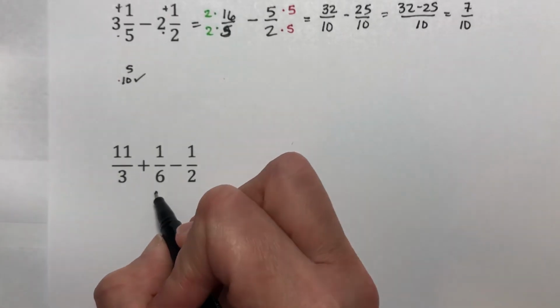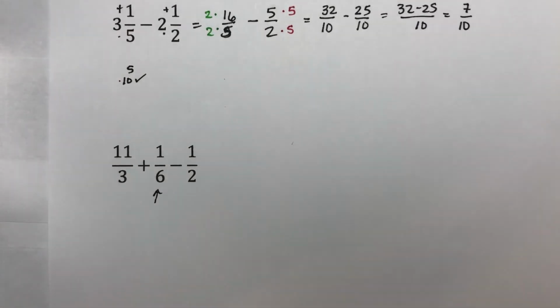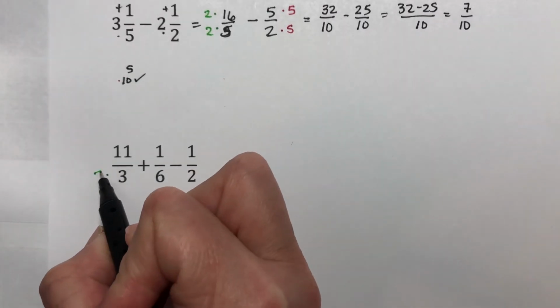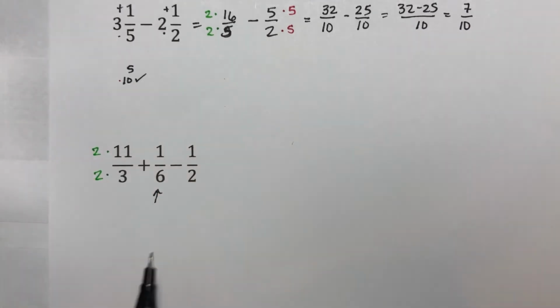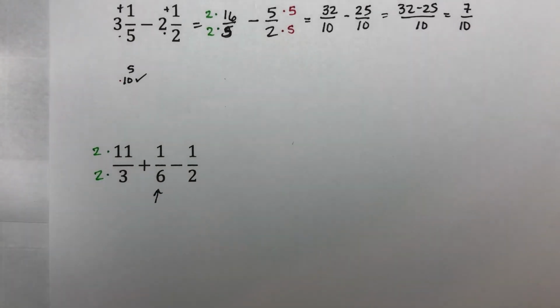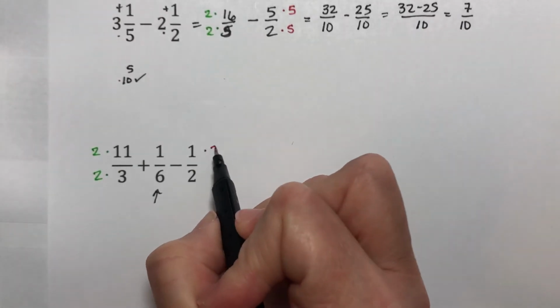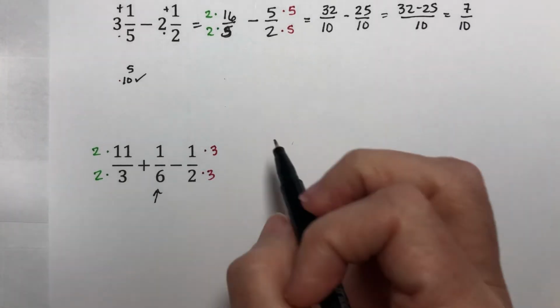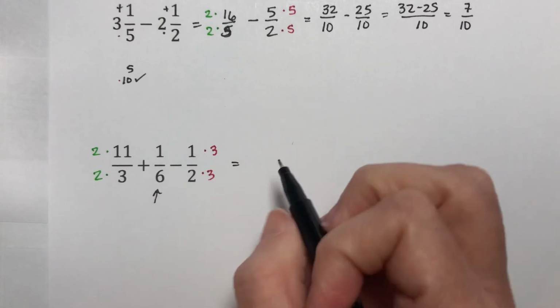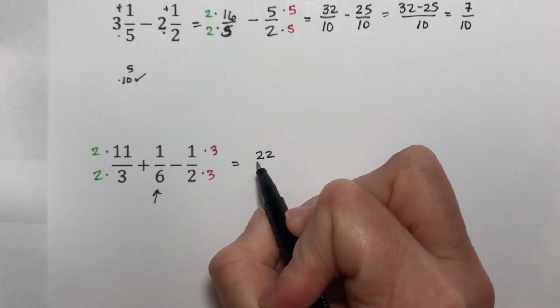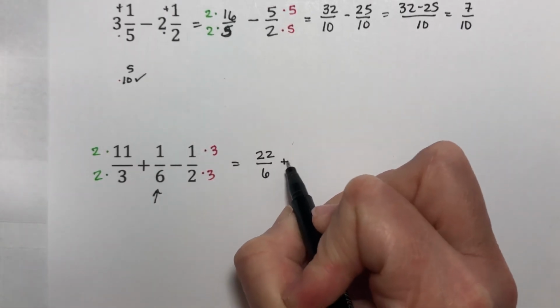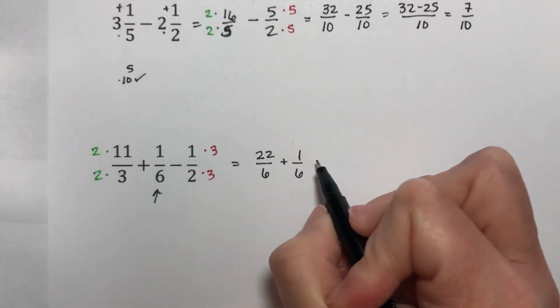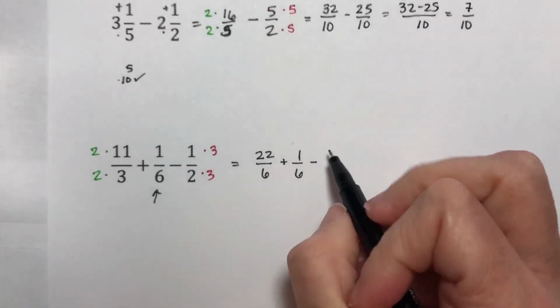So 6 is my LCD. I'm not going to need to change that fraction, but these two I do. So this I need to multiply by a 2, and this by 2 as well to get a 6. This one I would need to multiply by a 3, because that's going to give me a 6 in the denominator. So I rewrite this problem as 22 over 6 plus 1 over 6 minus 3 over 6.